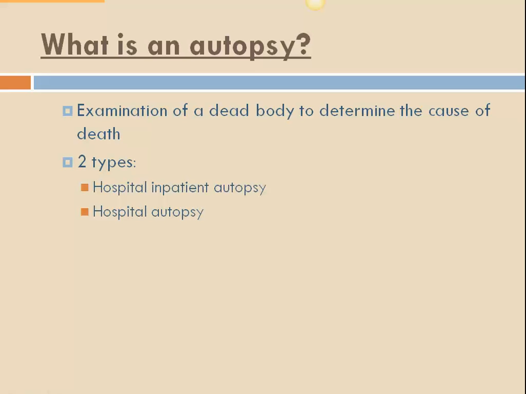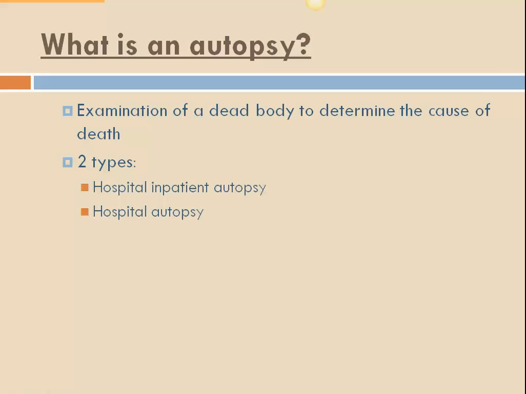For a hospital autopsy, the patient has been an inpatient at the hospital in the past, but was not an inpatient at the time of death. But the hospital staff who conducts autopsies will still be completing their exam. So just keep those two definitions in mind.